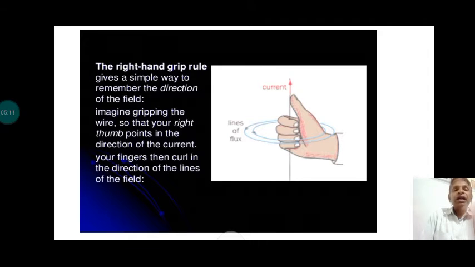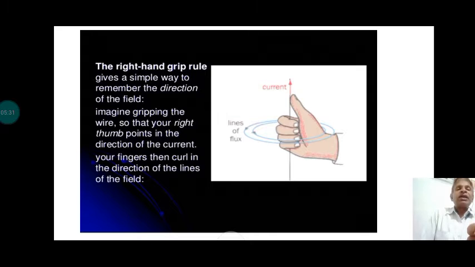Imagine gripping the conductor in your right hand, with the thumb pointing in the direction of the current in the conductor. Then the direction of the curled fingers gives the direction of the magnetic field produced around the conductor.